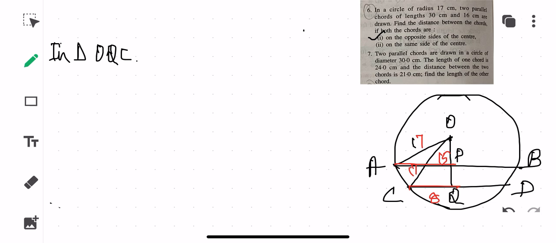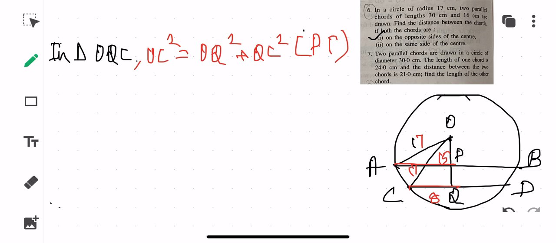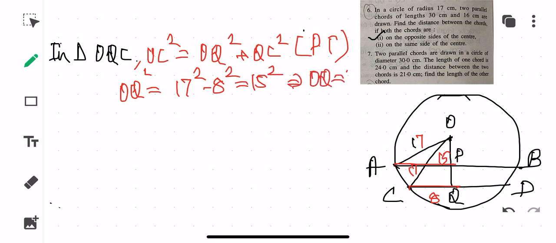In triangle OQC, OC square is equal to OQ square plus QC square, by Pythagoras theorem. So OQ square will be equal to OC square minus QC square, which is 17 square minus 8 square, equal to 15 square. So this implies OQ is 15.